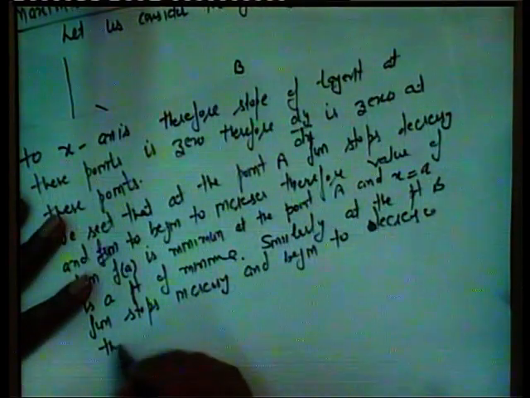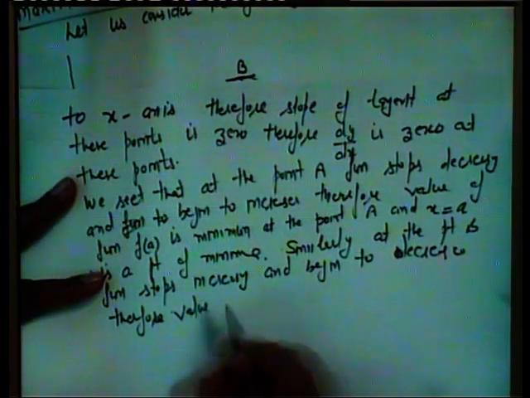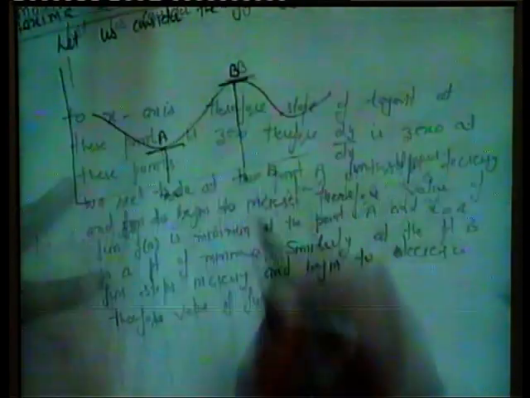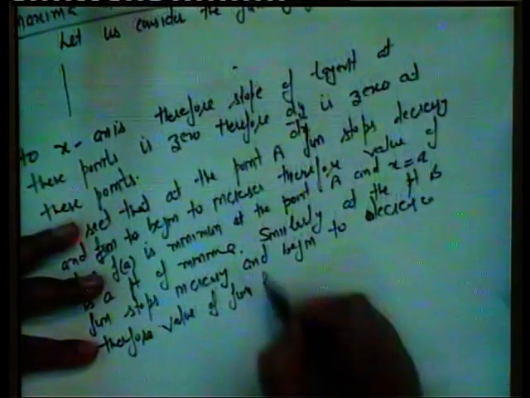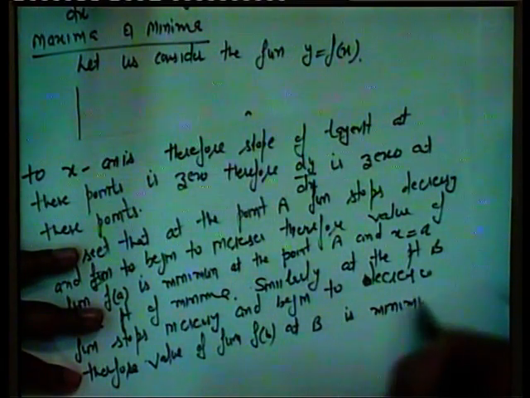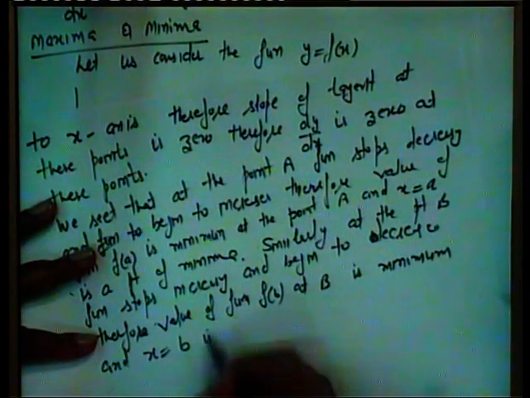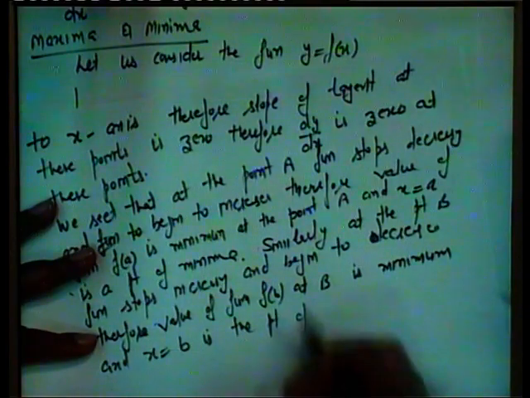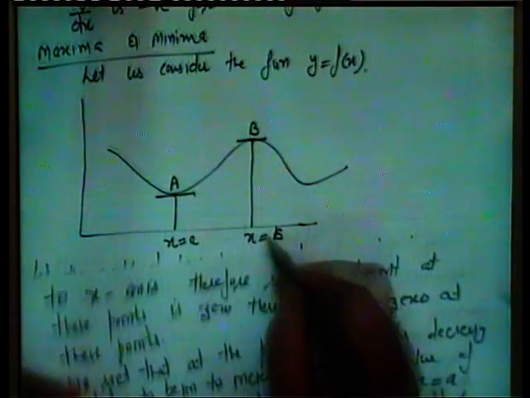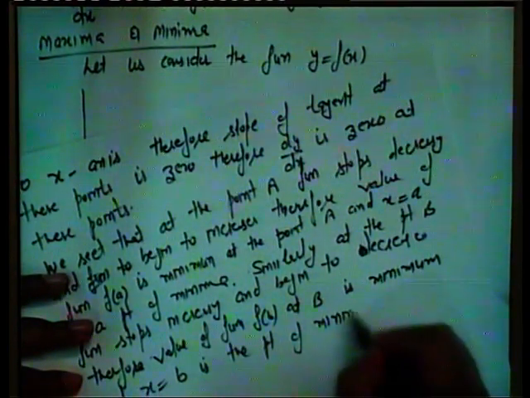Therefore, the value of the function f(b) at B is maximum, and x = b is the point of maxima.